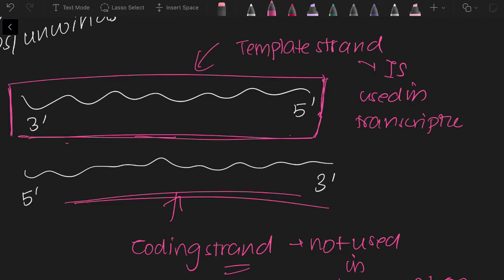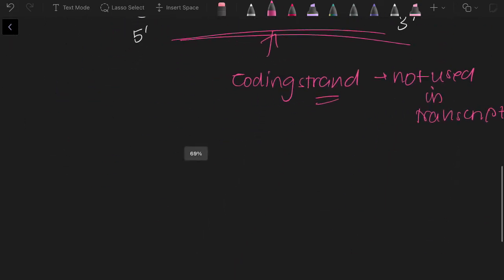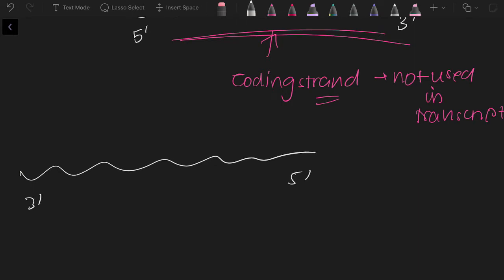Now if we take a closer look at the template strand of DNA, running from 3' to 5' direction, the RNA polymerase brings free nucleotides from the cytoplasm into the nucleus, because remember, the transcription process happens in the nucleus.